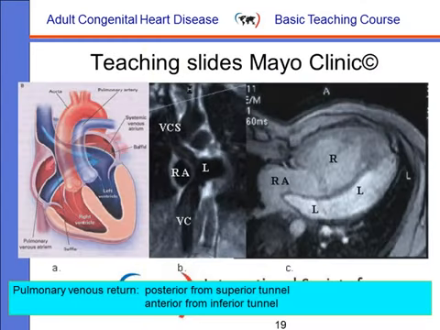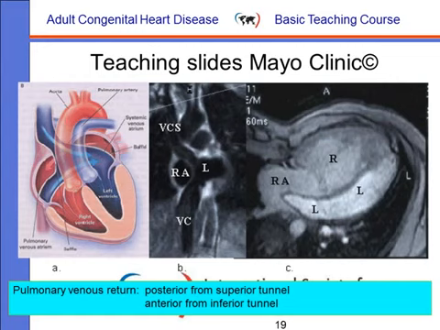And here again you see some nice images now from the beautiful teaching slides from the Mayo Clinic. On the left side you see a schematic drawing with the superior caval vein coming up in blue, flowing to the left towards the left atrium, the inferior caval vein and inferior tunnel also flowing to the left.